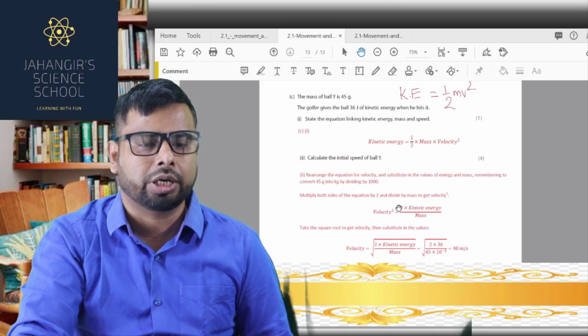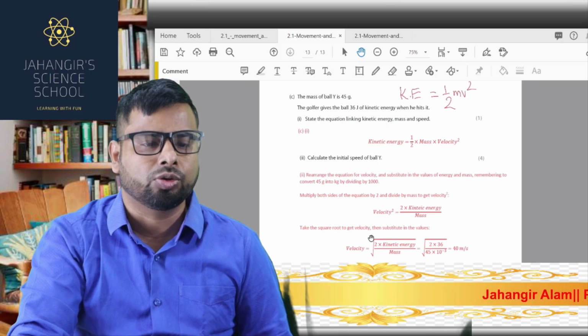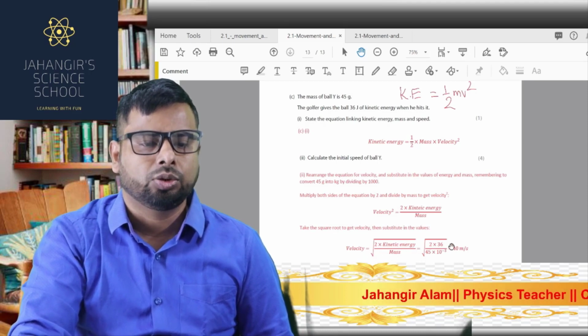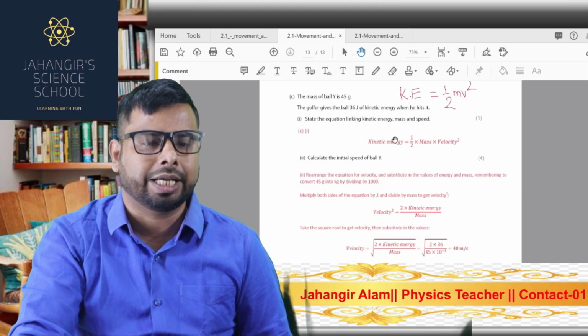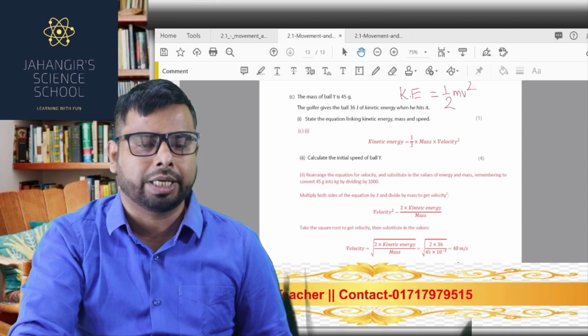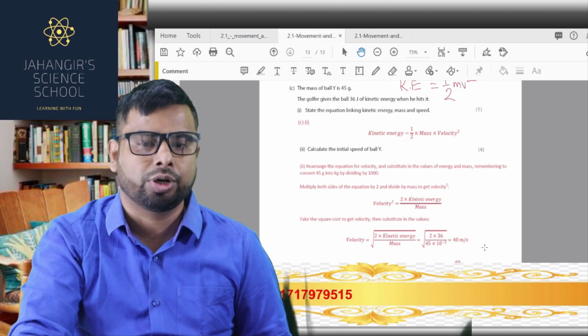So velocity squared equals 2 into kinetic energy divided by mass. So velocity equals the root of 2 into kinetic energy divided by mass. 2 into 36, where kinetic energy is 36 joule, divided by mass 45 into 10 to the power minus 3. So 40 meter per second.